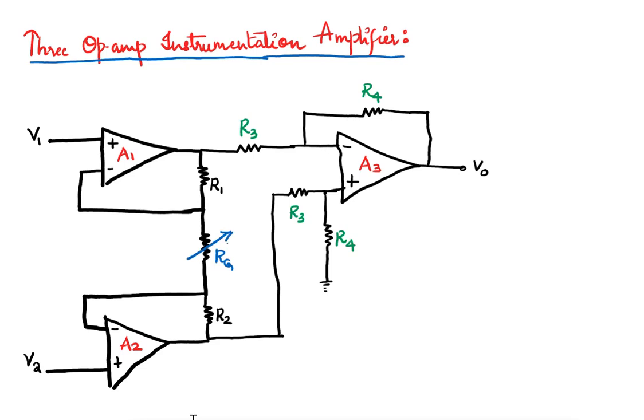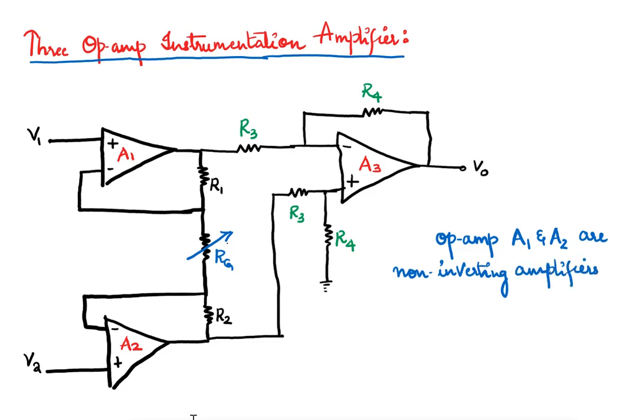The op-amp A1 has an input voltage V1 with resistance R1 and RG, whereas op-amp A2 has an input voltage V2 with resistance R2 and RG, and op-amp A3 is a difference amplifier wherein the resistances are considered to be equal. That is why we have denoted them as resistance R3 and resistance R4.